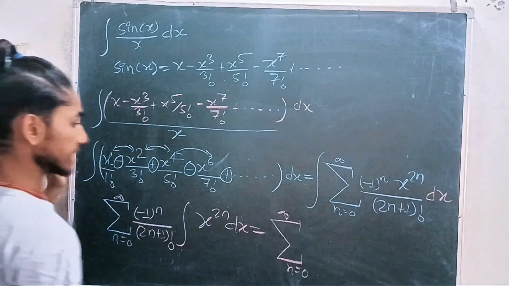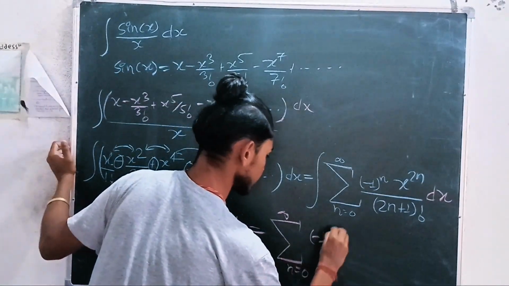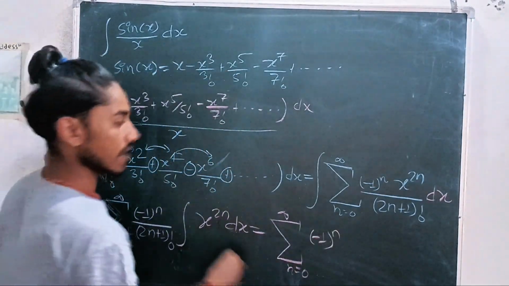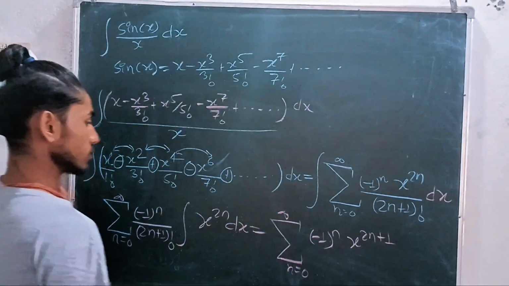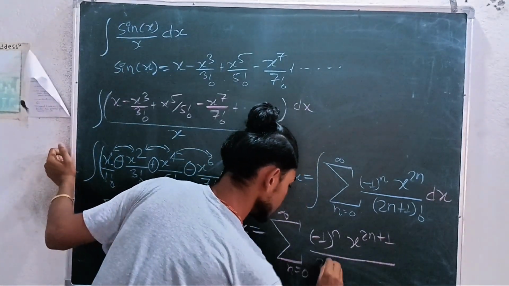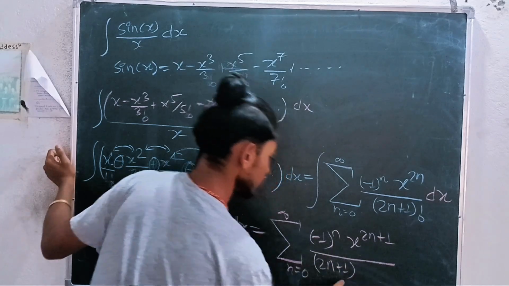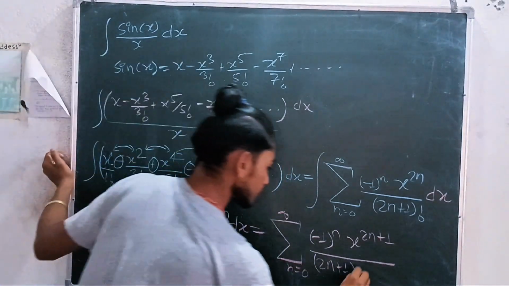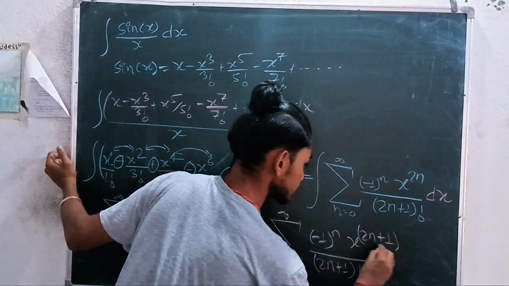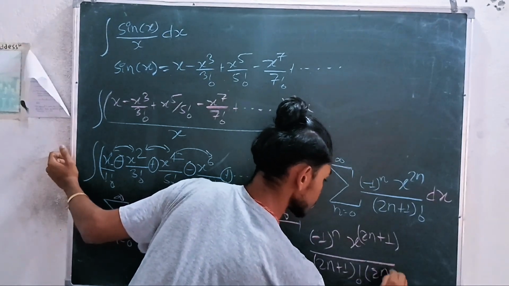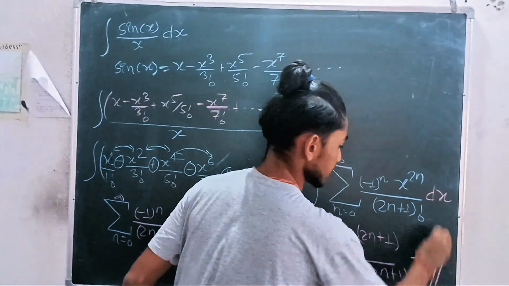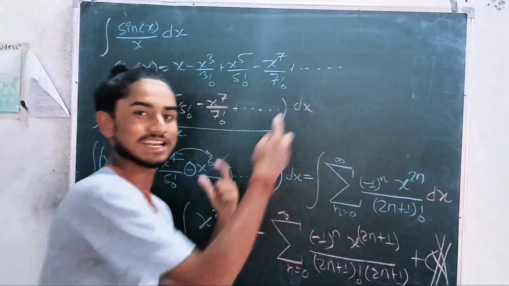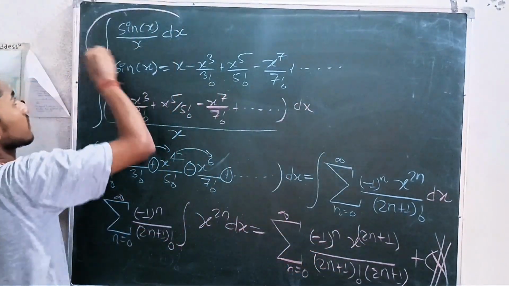It goes from 0 to infinity, negative 1 raised to n, and the simple power rule formula for this gives 2n plus 1. Then we have 2n plus 1 factorial here, and we just need this term in the denominator, that is 2n plus 1, and never forget our beautiful integration constant c. So this is the final integral of this expression.